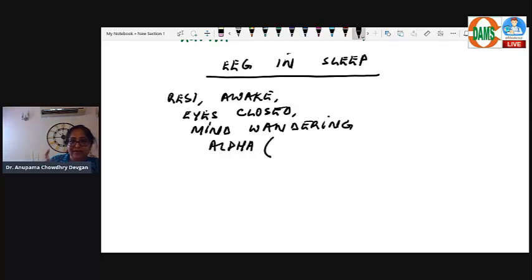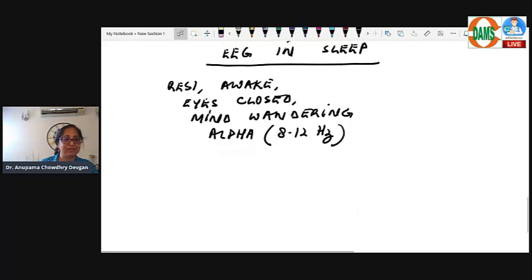And alpha rhythm, 8 to 12 hertz activity. Please remember, mind wandering means you're not thinking of anything or anyone. The moment you start thinking of something or someone, the frequency will increase. Right? So rest, awake, eyes closed, mind wandering, and this is when you get the alpha rhythm.